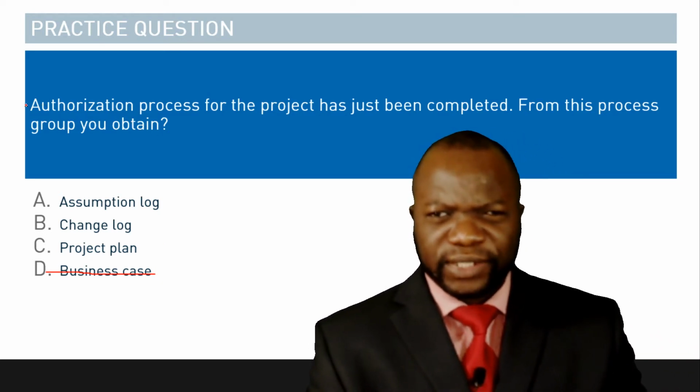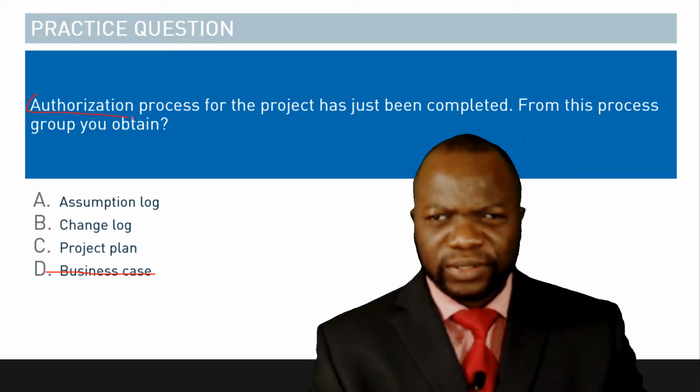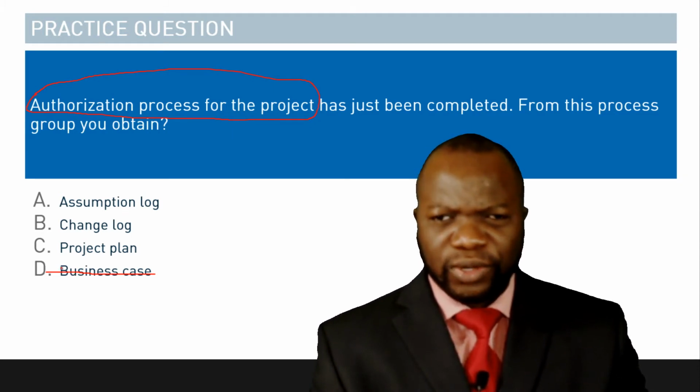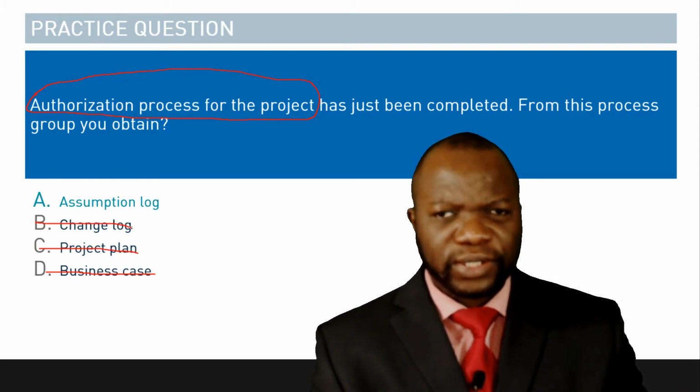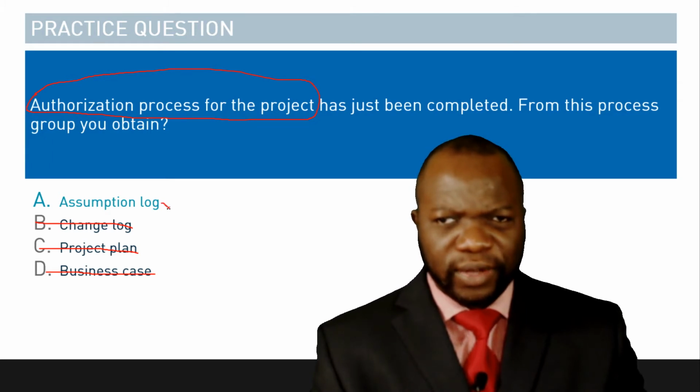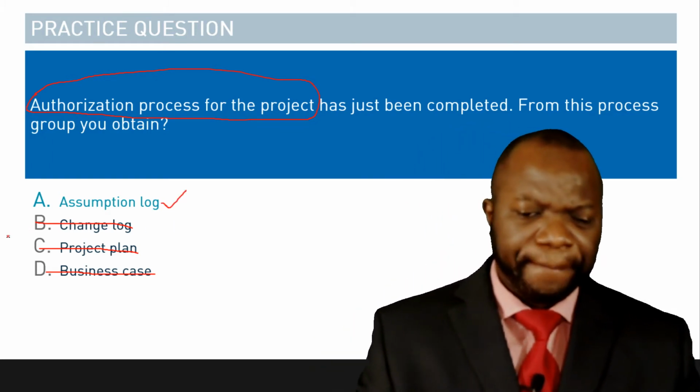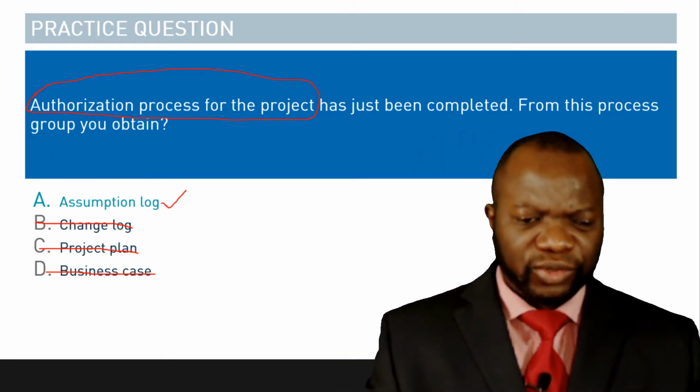What do we mean by authorization process for the project? We mean develop project charter, right? So we do not create the business case or the project management plan or the change log. It's the assumption log that we create. Okay? So that's the answer to that one.